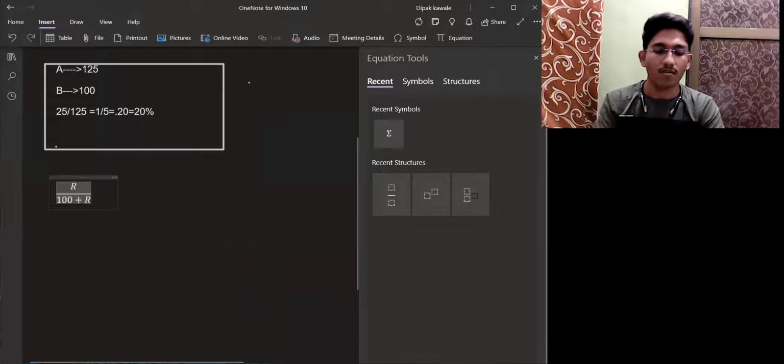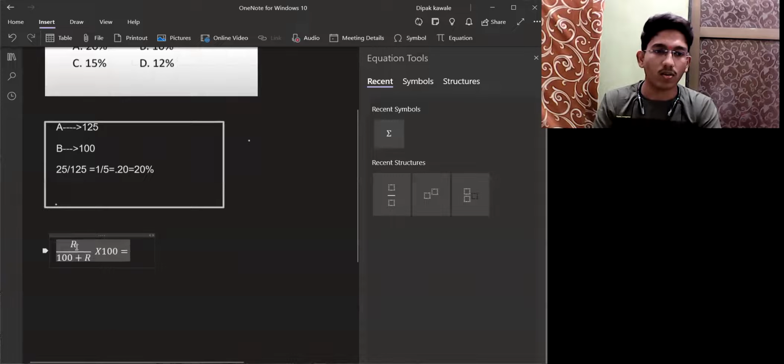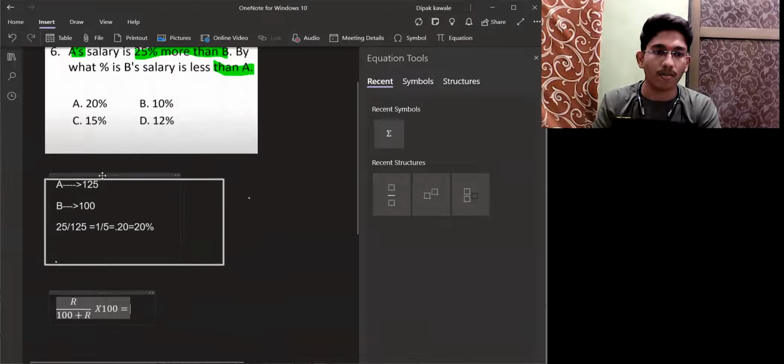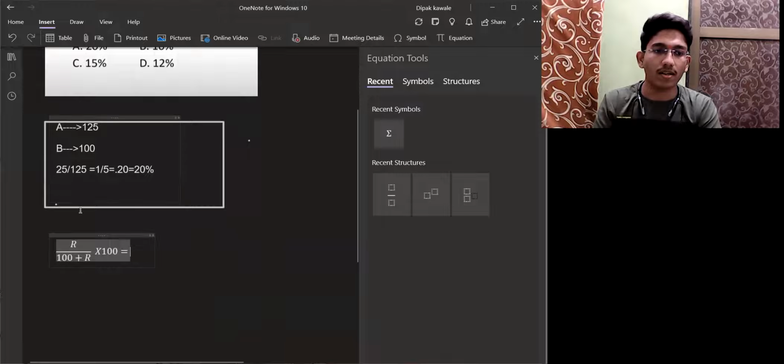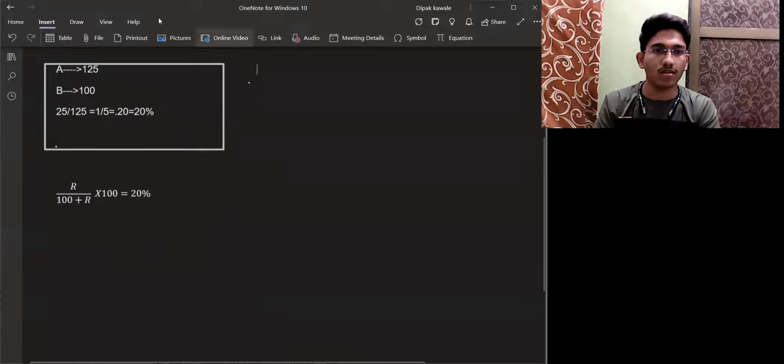Multiply by 100 for percentage purpose. So if we put the values in our formula, it will become 25 divided by 125 multiplied by 100, which is nothing but our 20% only. Great. So this is our method number 2.